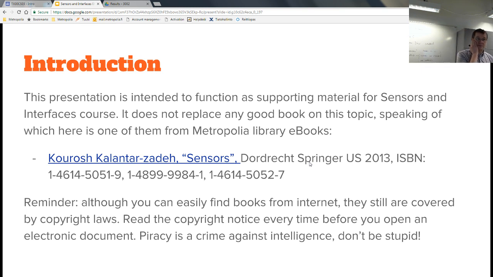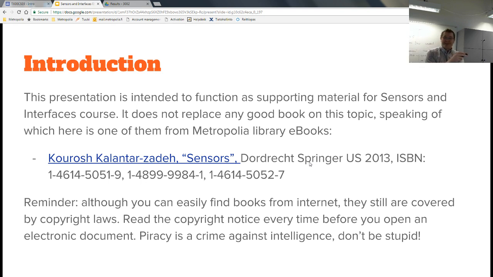There is some good supporting material available, and that's not the only one. If you go to the e-library and look at the topic of sensors, you will find hundreds of books. But this one I found quite nice. I think the writer was, funny as it sounds, an engineer who can write.